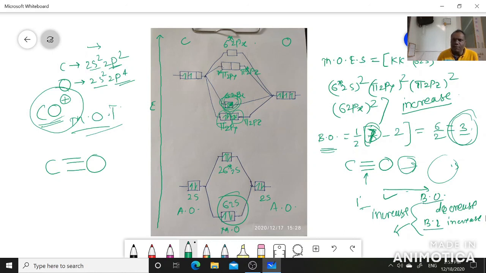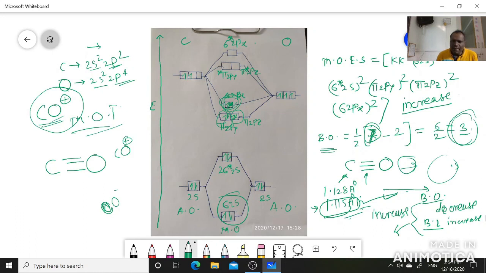The original bond length for this molecule is 1.128 angstrom, and the observed bond length after ionization, for the carbon monoxide plus ion, is 1.115 angstrom. That means the bond length decreases, but theoretically the bond length should increase and the bond order should decrease.